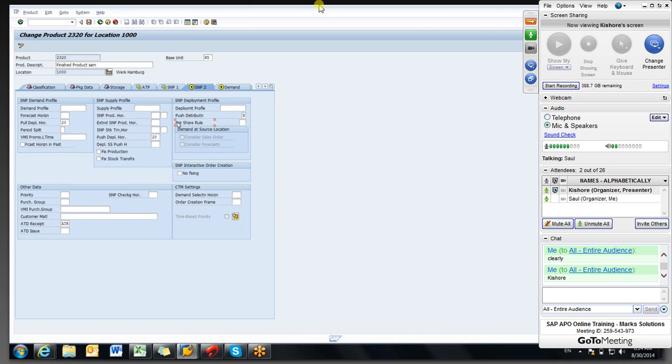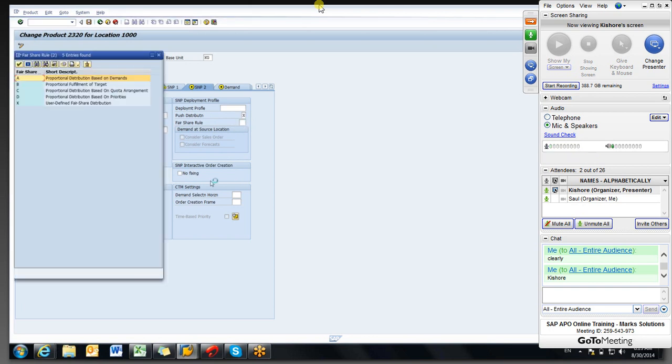So we'll go into the next topic called fair share rule. Here also we have different options: proportional distribution based on demands, proportional fulfillment of targets.